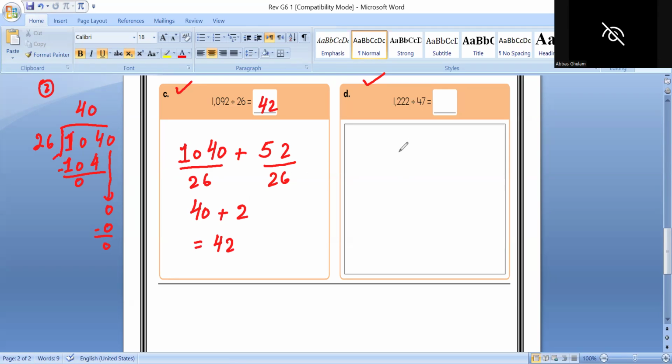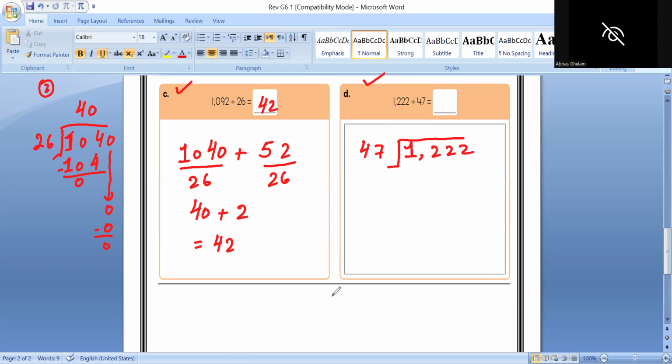Let's try the other question by long division method. I draw here one house. Inside the house is 1222. Then outside the house is 47. I need the table of 47.